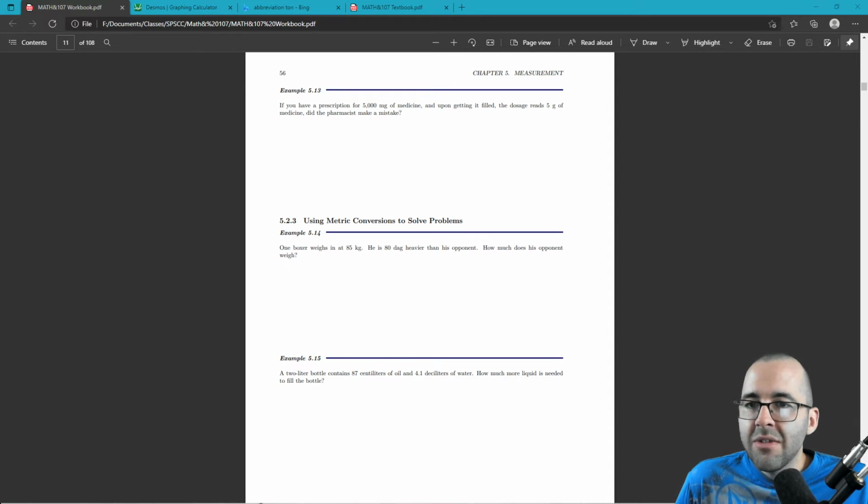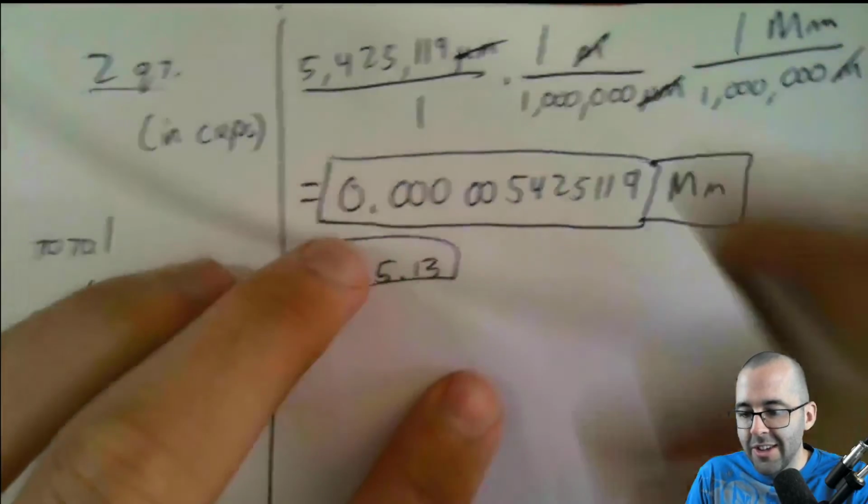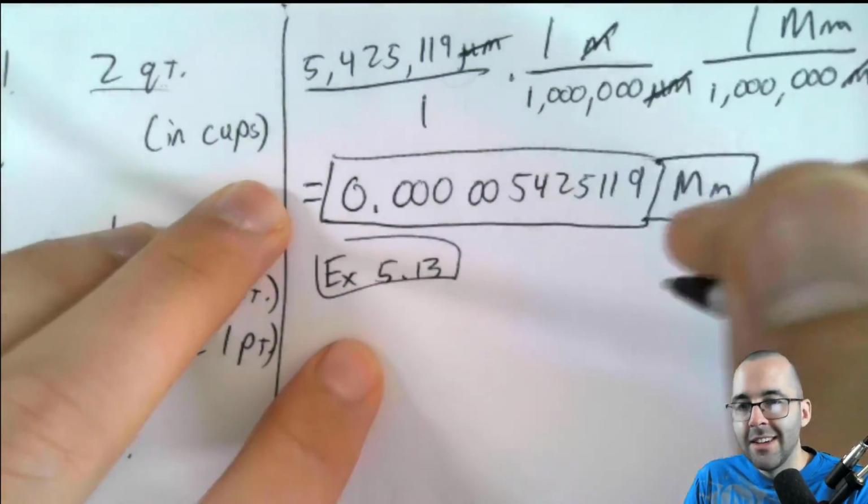So we have 5,000, or we're supposed to have 5,000 milligrams. We got 5 grams. Hopefully those are the same. So let's convert one to the other and see if they're the same. All right. Let's see if Chris is doing his job right.